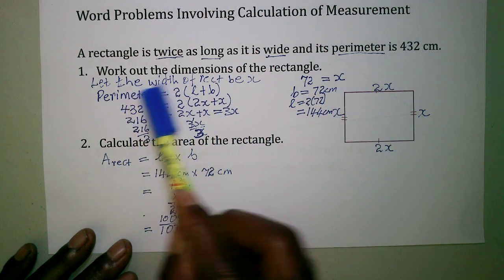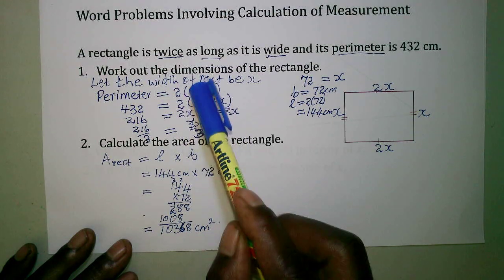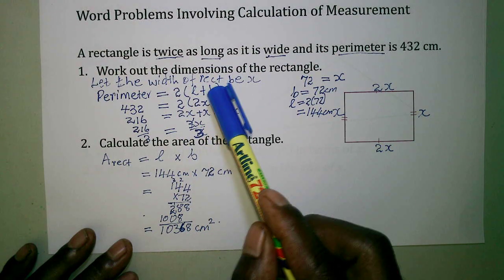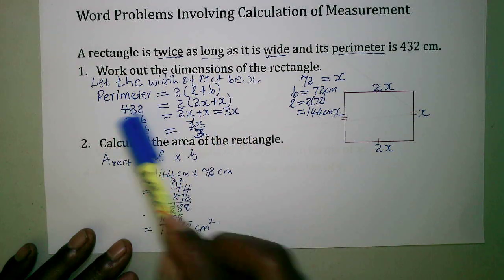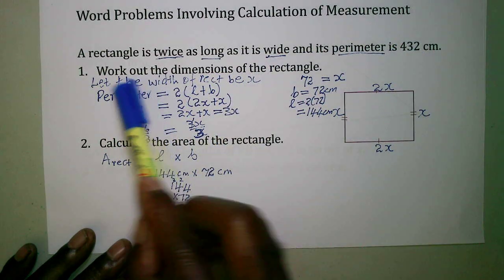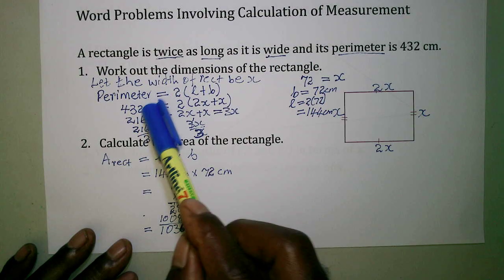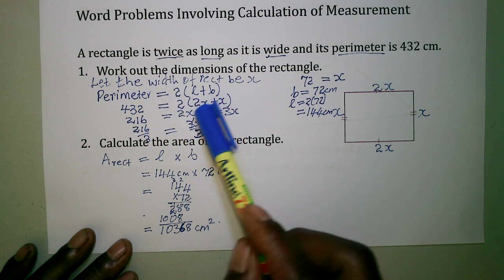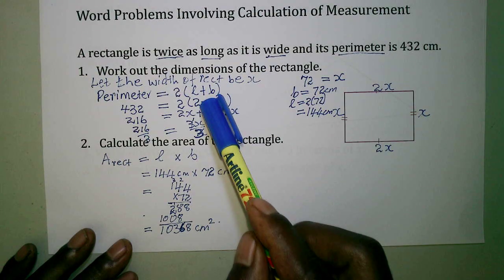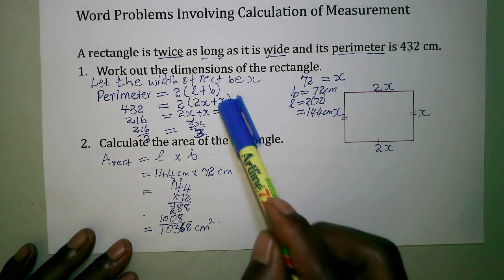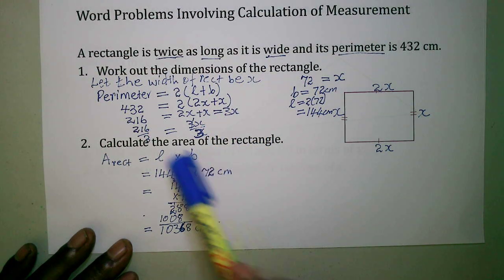So we know the formula for a perimeter is twice the sum of the length and the breadth. And what we do is substitution. Where there's perimeter, we write 432 and we replace the length with twice the width, which is 2x, and the width is replaced by x.